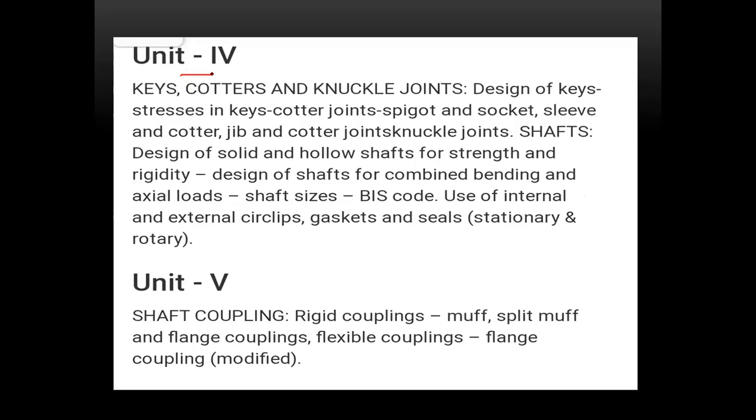We discuss how the design of keys, cotters, and knuckle joints has been derived. So we will have a briefing session, just a revision. I cannot explain in detail because of no time. So I will brief you on all the topics in general.